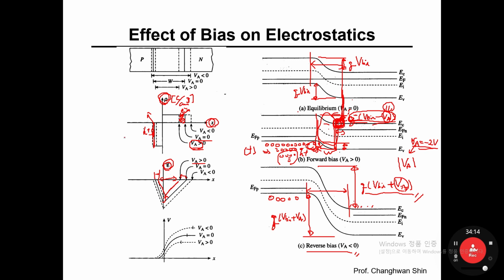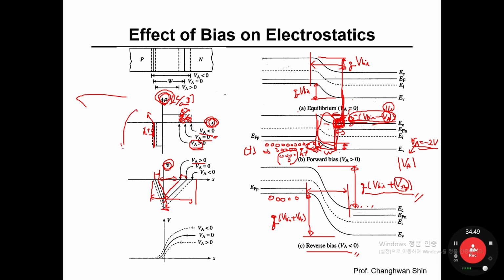As shown in this charge density block diagram, under reverse bias, more region has been exposed, which means more charged area has been exposed, and because of that, the built-in electric field exists over a wider area, and due to that, the peak built-in electric field has been strengthened. Okay, all right.